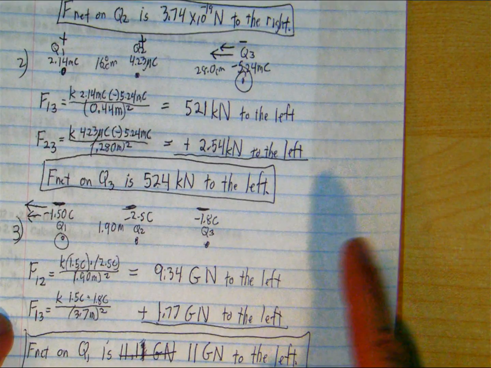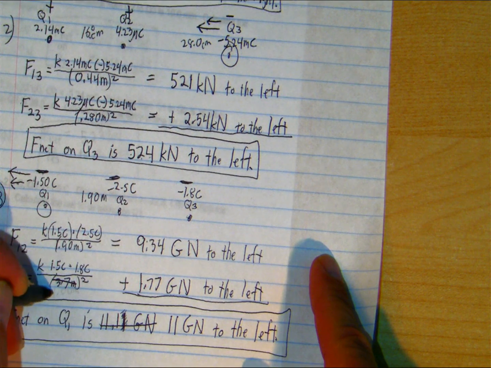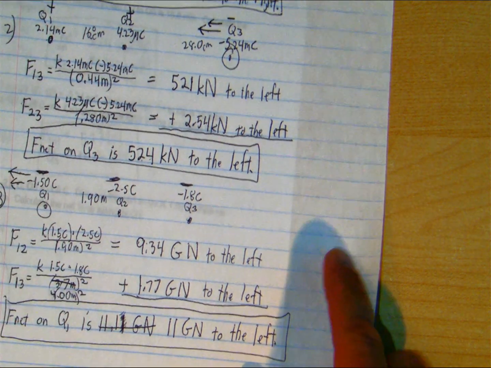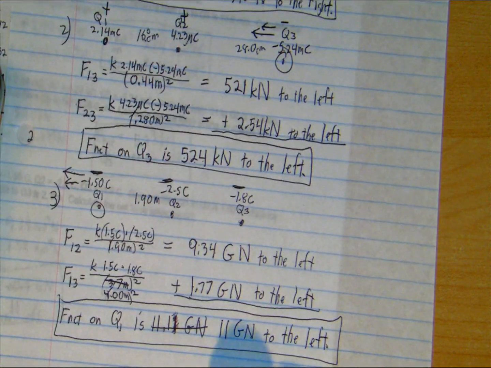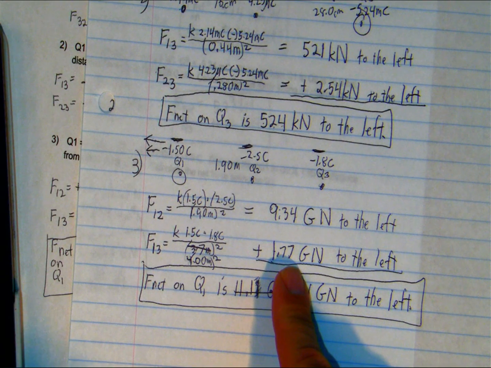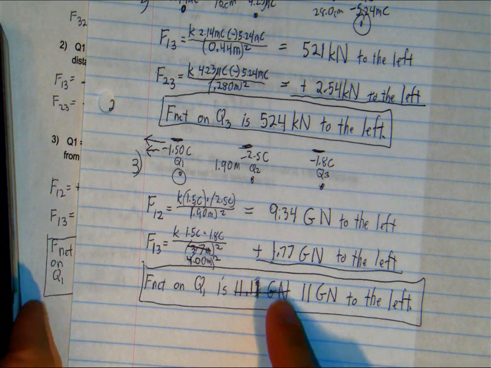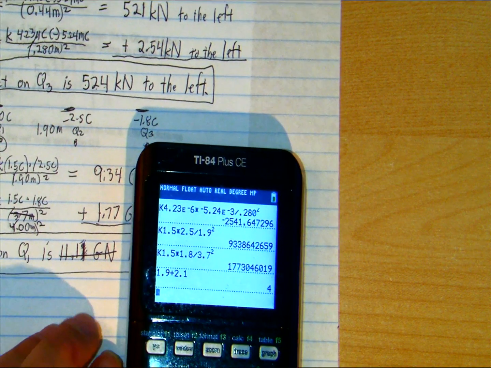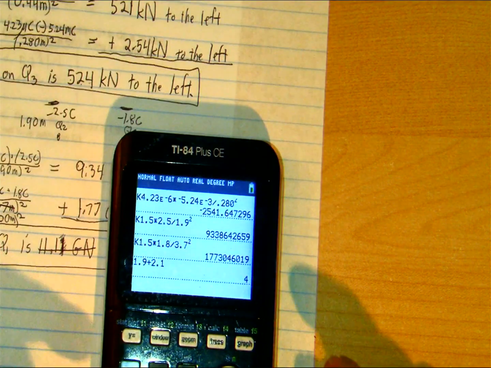You get a value of 4 meters. So I typed in the wrong value, and that's going to reduce this 1.77 giganewtons. So let me recalculate it using 4 meters of separation instead of 3.7 meters of separation.